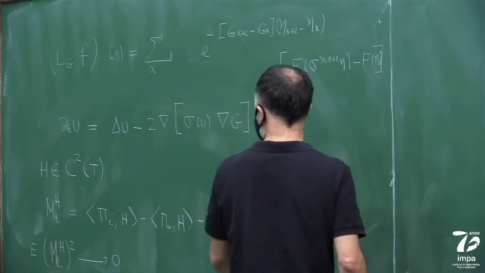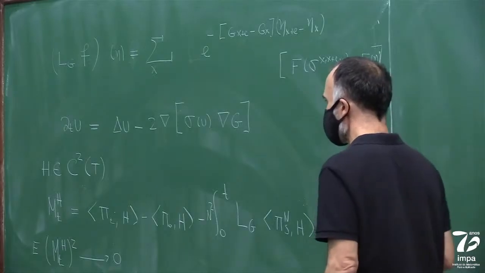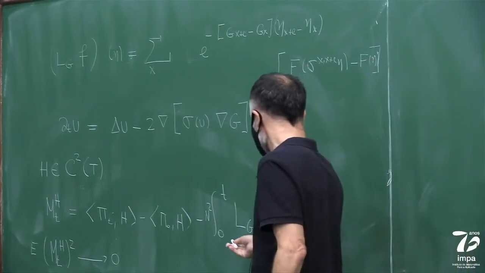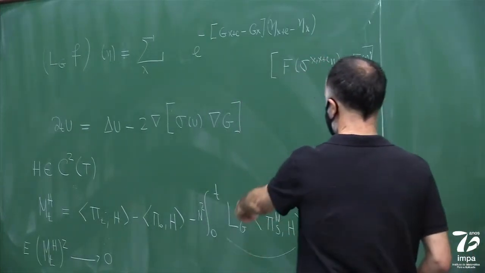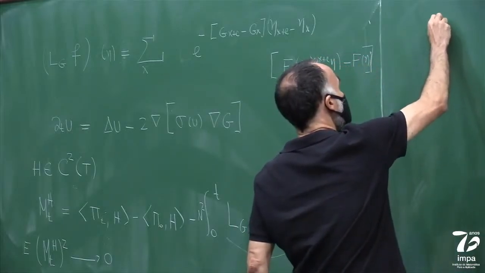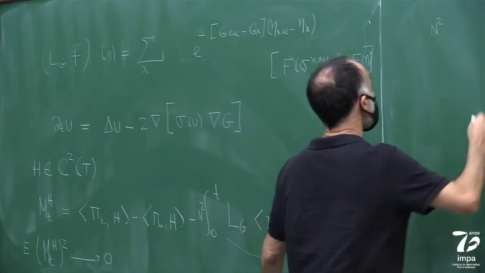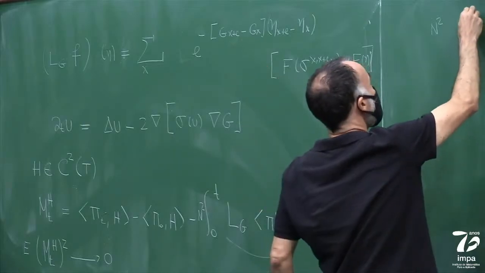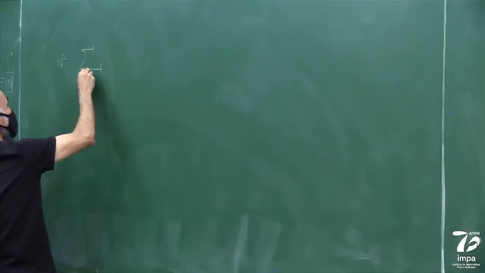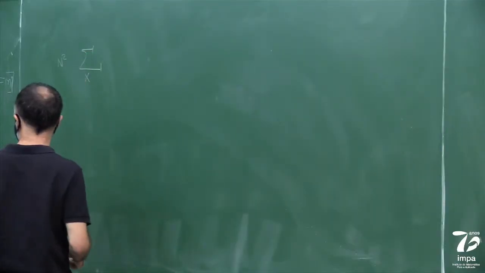So now I just want to compute this martingale, which means I want to compute this term with the n squared. So I have n squared and Lg. So Lg is given by this expression. So I have a sum over x.